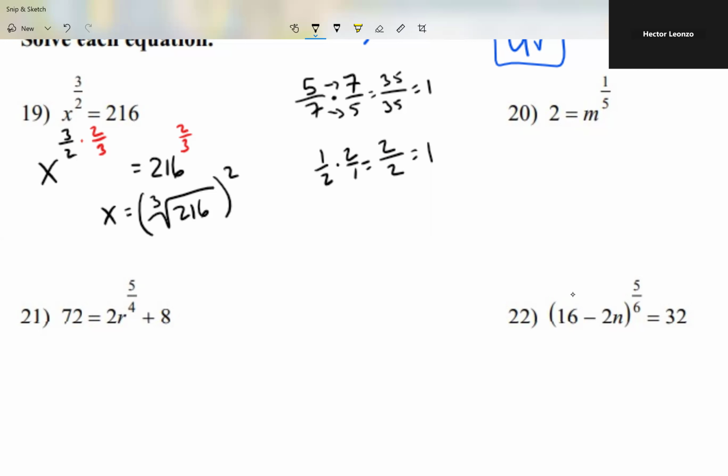Because watch, if I go aside, 6 times 6 times 6, right? A number multiplied by itself 3 times, this is equal to 216. And that's basically what I was looking for. When we say the cube root of 216, I'm basically saying what number multiplied by itself 3 times equals 216.